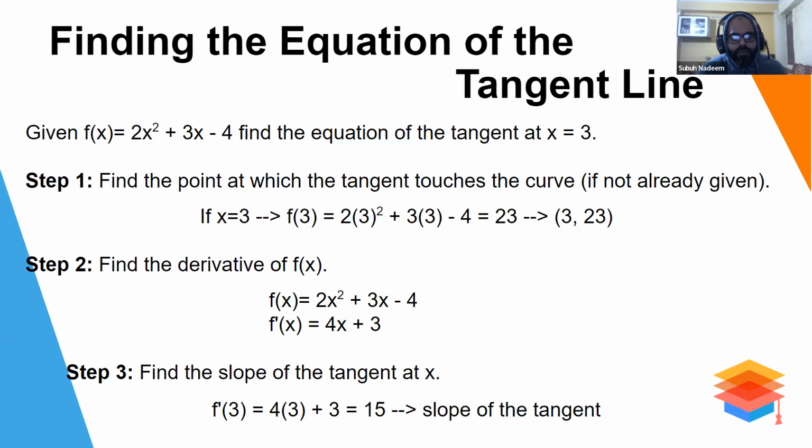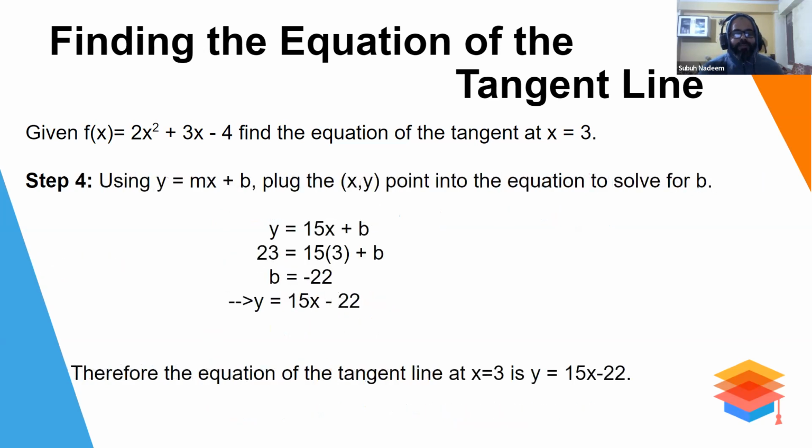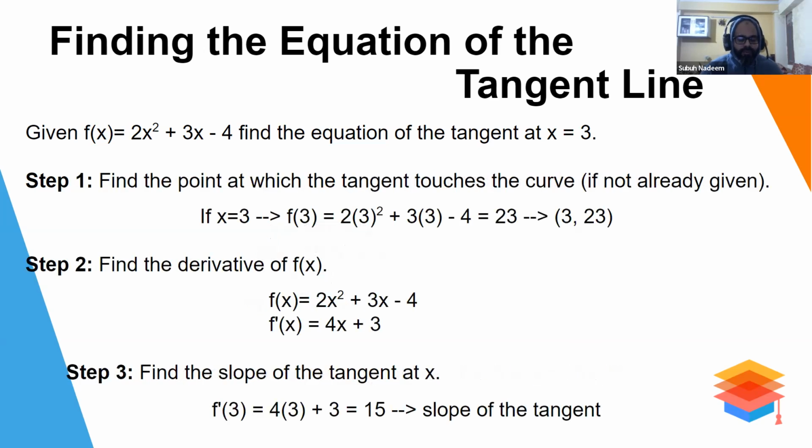Okay, now let us move on to the next slide. Given f(x) is this, find the equation. Using y is equal to mx plus b, plug the x, y point in the equation to solve for b. So m is the slope, which is 15, which we got in the third step. M is the slope of the tangent.